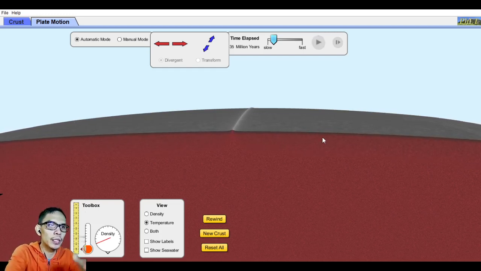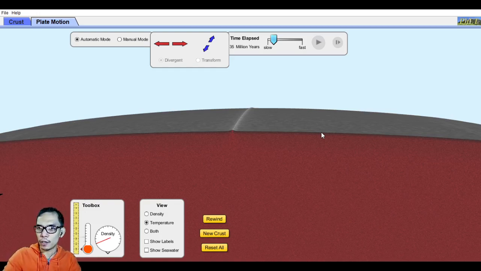This happens over several million years before the two plates are separated. As you can see here, new materials are found at the center, while older materials are found on the sides of the ridge. So that is the divergent plate boundary.